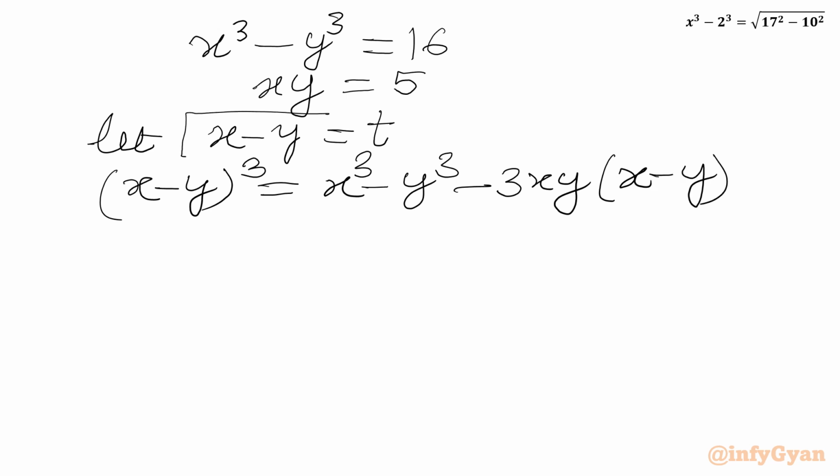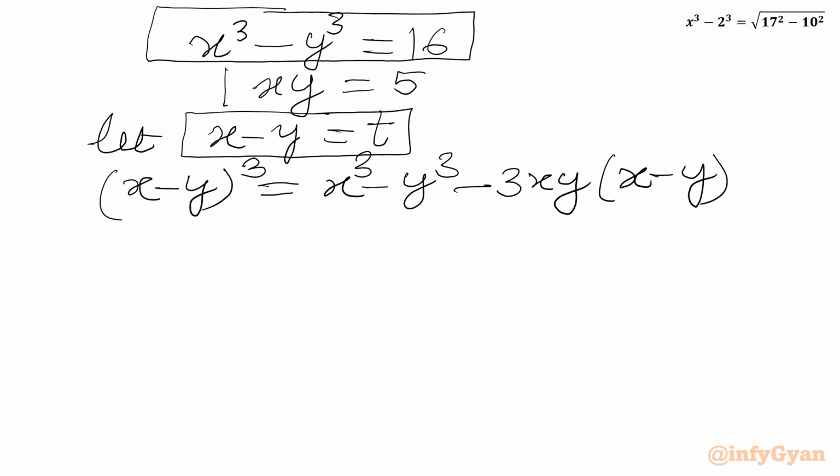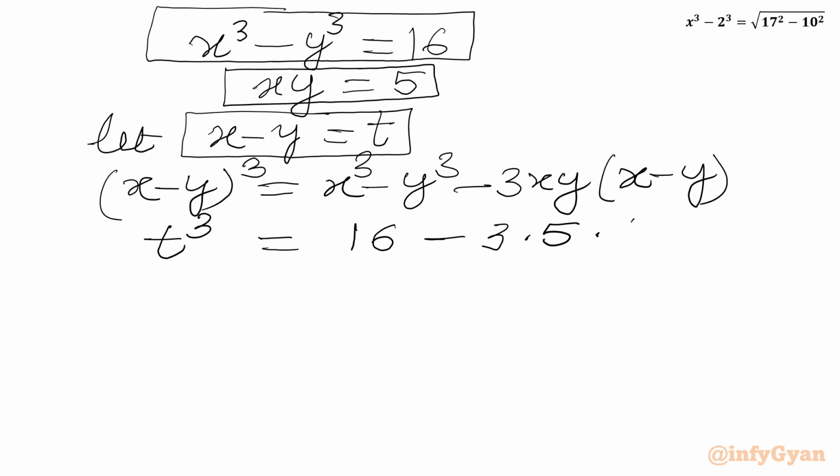Now x minus y is t and x cube minus y cube is 16. xy is 5. I will write t cube as LHS: x cube minus y cube 16 minus 3 times xy is 5, x minus y is t.